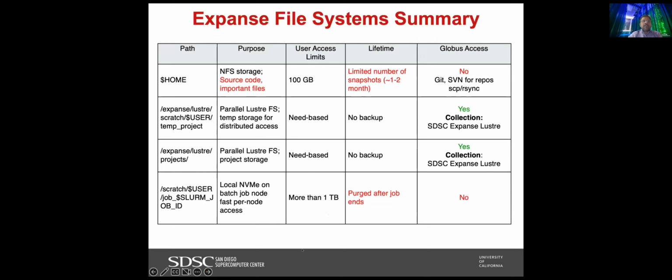So just a summary of what we looked at. Home directory purpose: you can store source trees, maybe your binary installations, important files, and so on. 100 gigabyte quota. Limited number of snapshots are available.